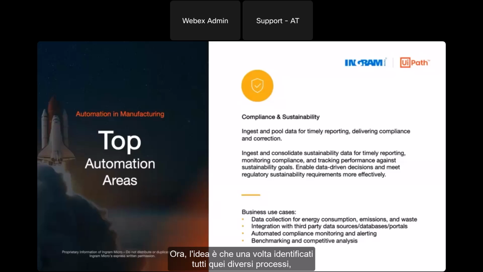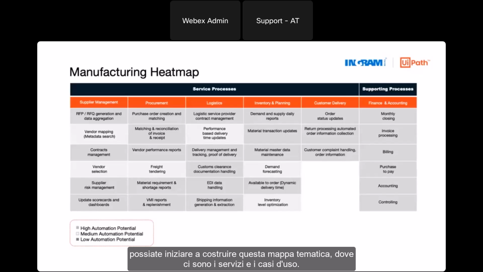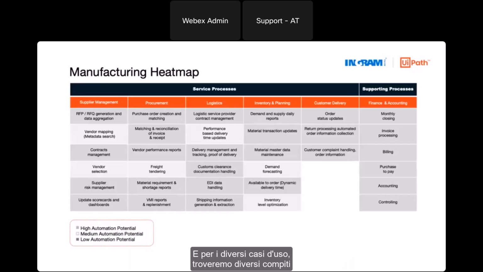Now, the idea is that once you identify all those different critical processes, and the use cases in your customer's organization, you can start building this heat map, right? Where we have the services and the use cases. And for the different use cases, we are going to find different tasks that are going to have this high automation potential. Some tasks are going to have a medium automation potential and the low automation potential finally.